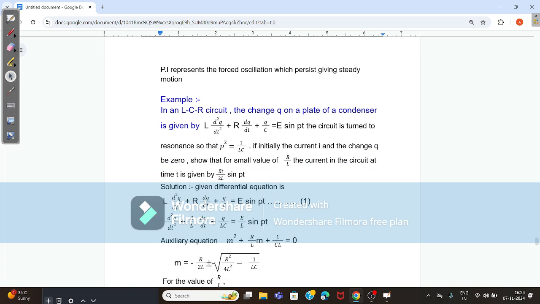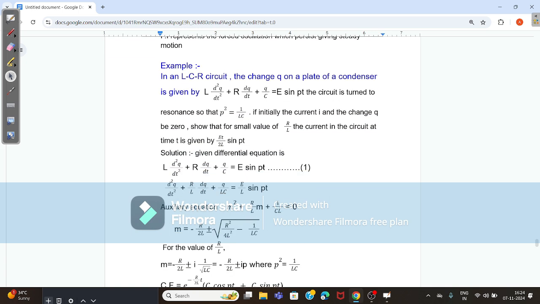Okay, example problem. In an LCR circuit, the charge Q on the plate of the condenser is given by L d square Q by dt square plus R dQ by dt plus Q by C is equal to E sin pt. The circuit is tuned to resonance, so p square is equal to 1 by LC.